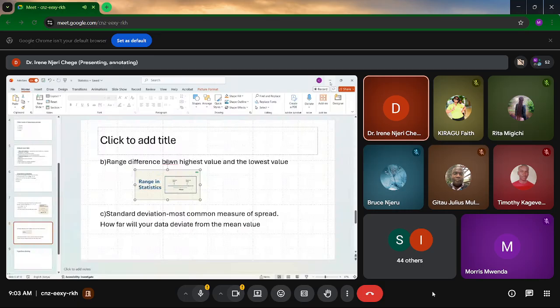So in standard deviation, we usually call our standard deviation from the population how far it's deviating from the mean. But the variance is actually the average squared deviation from the mean.